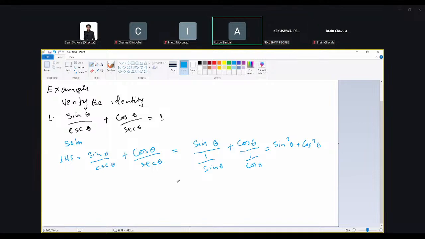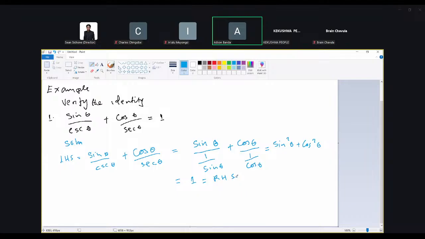And so this is an identity. Sine squared theta plus cos squared theta is equal to 1, which gives us the right-hand side. So this is how you verify the identities. You just need to use the identity or an appropriate identity that we have seen, and also the definitions of the secondary trigonometric functions.